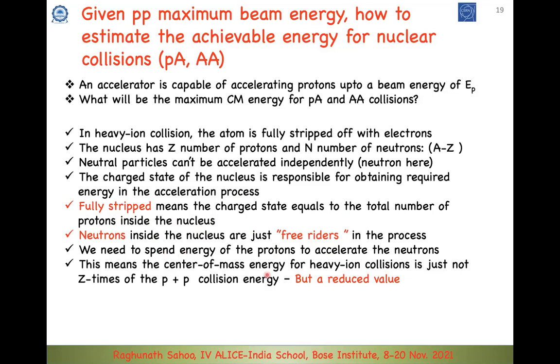You need to spend energy for protons to accelerate the neutrons, which are free riders. Because of this, when you convert your pp energy to center of mass energy of heavy ion collisions, it is not just the multiple of Z, which is the proton number. It is essentially a reduced value, because you spend energy for these neutrons, which are free riders.